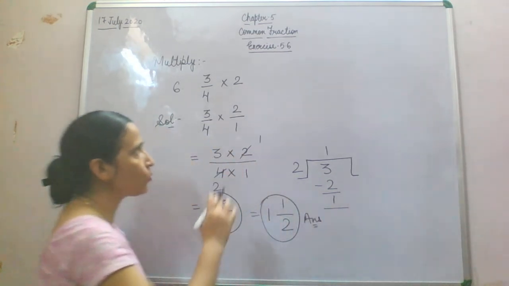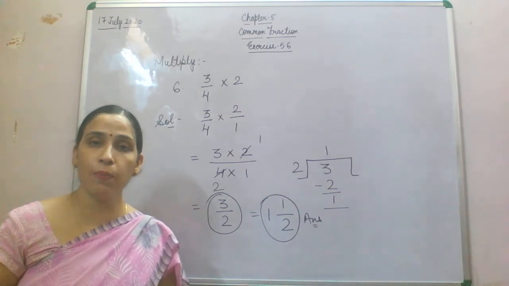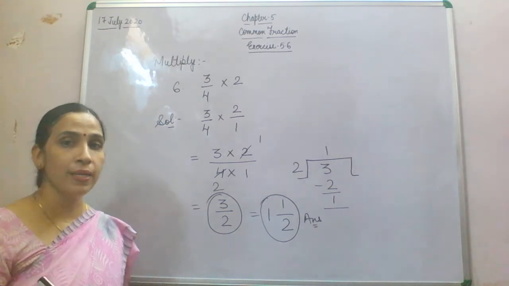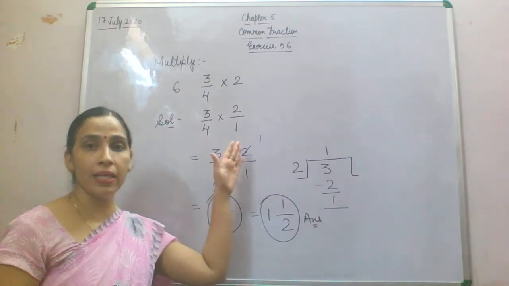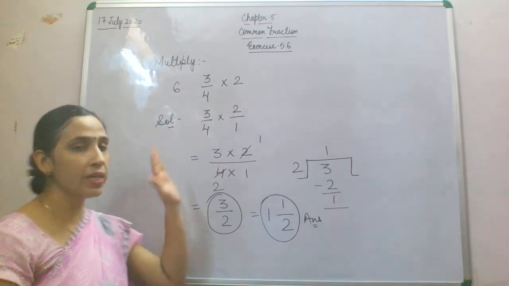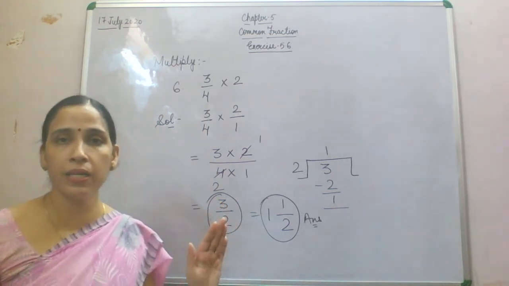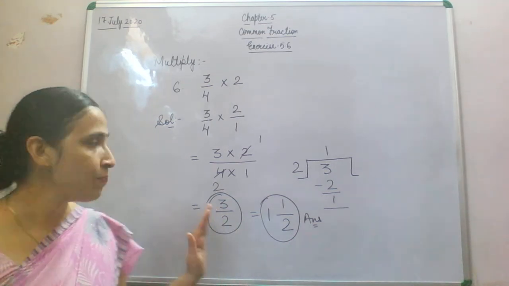So let's see this question again. You have been given a proper fraction, that is 3 by 4 multiplied by 2. In the solution, you will write 1 in the denominator of the whole number. After that, the numerator will be multiplied by the numerator and the denominator by the denominator.